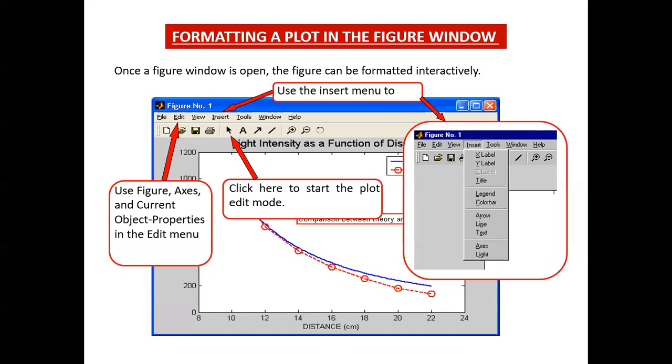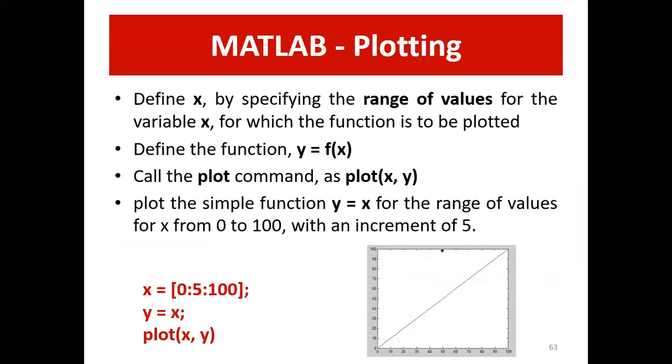After generating the plot, we are going to format it, whatever type of format we need. Here it shows the various plotting types. We can define x by specifying the range of values for the variable x.